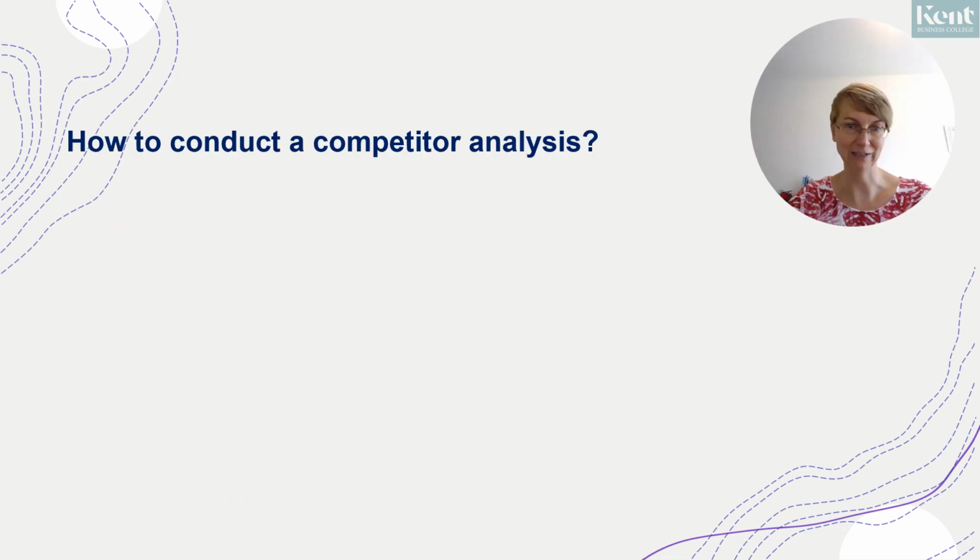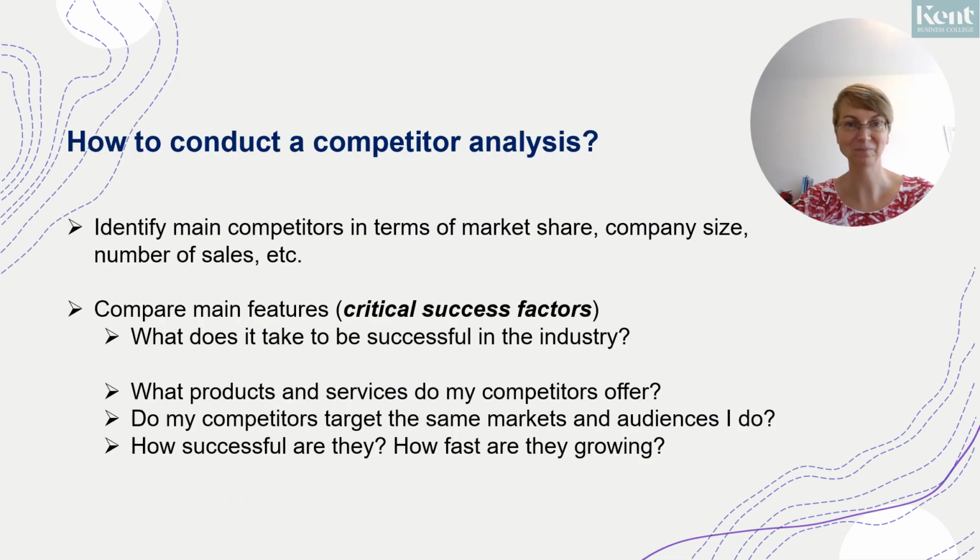So how to conduct a competitor analysis? First of all, you need to identify the main competitors in the market. So how do you know? There are lots of statistical websites around, for example, Statista, but also the Office for National Statistics in each country, where they have statistics on main competitors for the different industries.